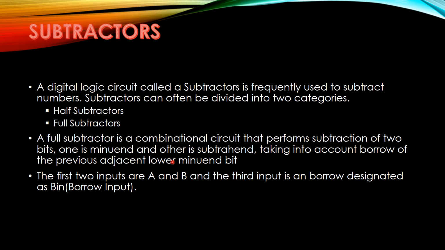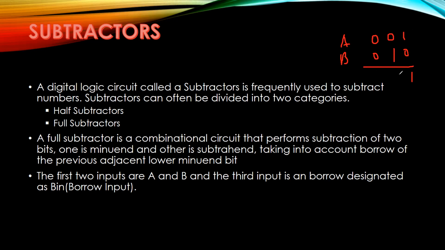If any borrow occurs to the next bit, then we need to perform subtraction between 3 bits. So the half subtractor is not going to perform that operation. For example, if you have A like 0, 0, 1 and B like 0, 1, 0, then 1 minus 0 is equal to 1, and here 0 minus 1.